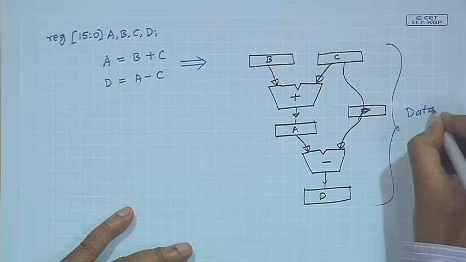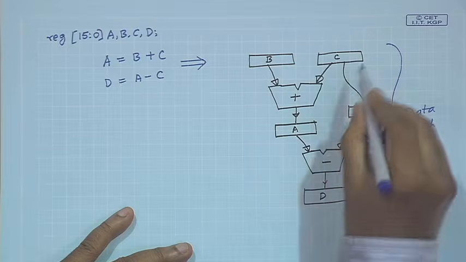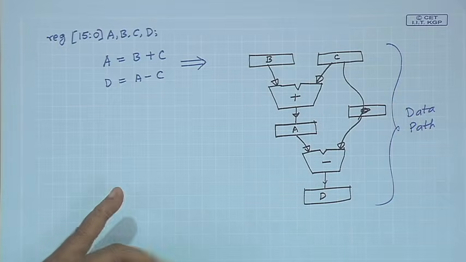This is what is meant by data path: some hardware blocks and the way they are interconnected.